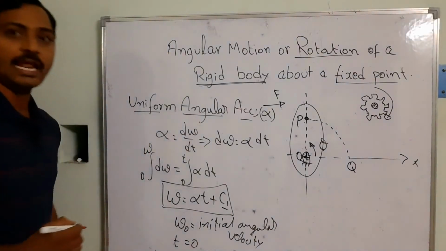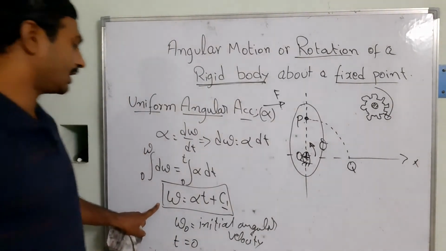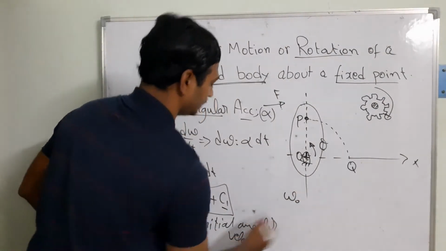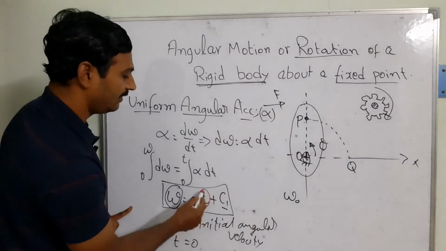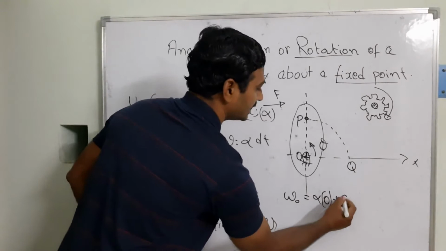Substituting in this equation, omega becomes omega naught and t is 0, so omega naught is equal to alpha into 0 plus c1.